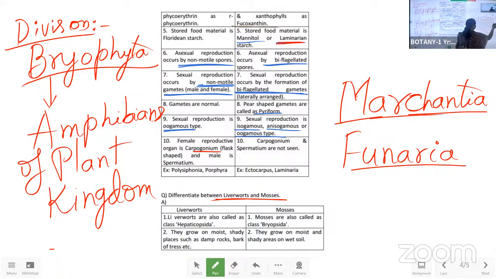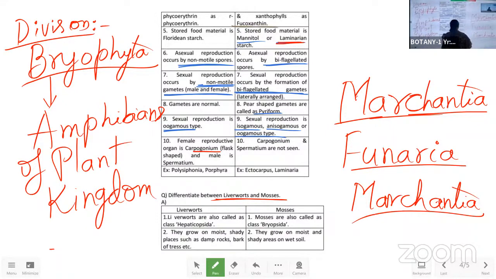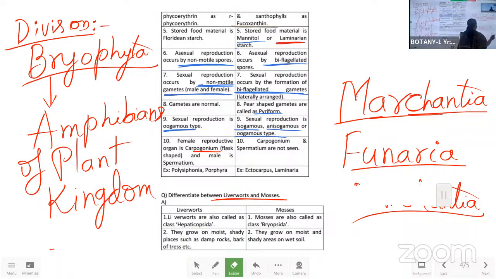We cannot make it into two. But once we are learning, it will be easy for us. Marchantia. March, we know the month March, M-A-R-C-H. Then A-N-T-I-A, Marchantia. Like this, we have to prepare the spelling.